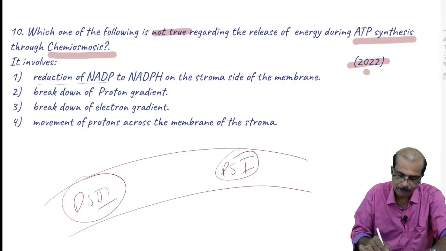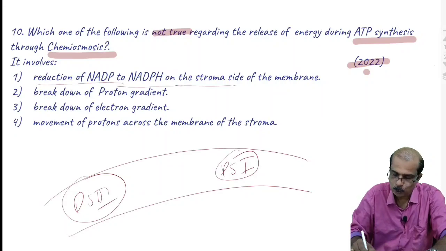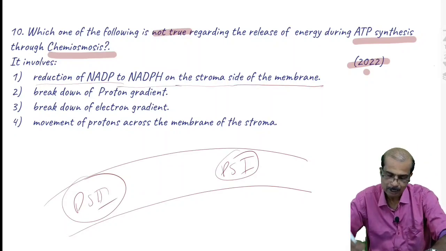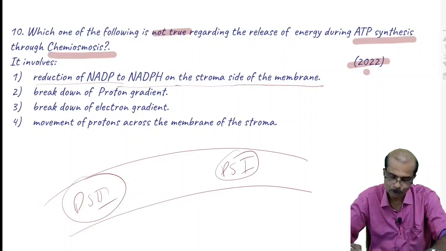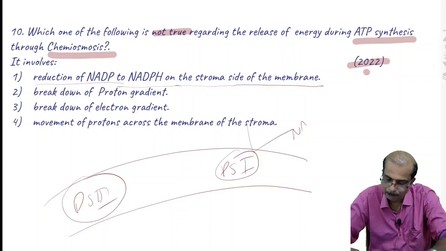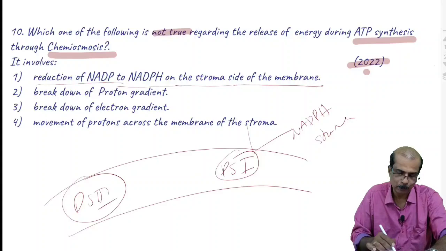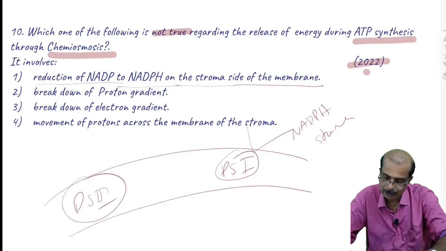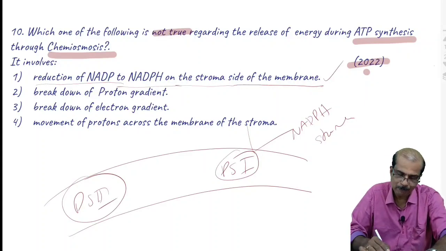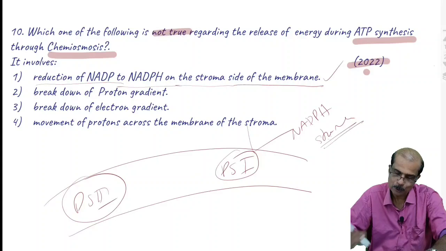First option, reduction of NADP to NADPH on the stroma side of the membrane. We know that the reduction of NADP to NADPH takes place by PS1. Here NADPH is formed on the stroma side itself. So option 1 is a correct one, true one.